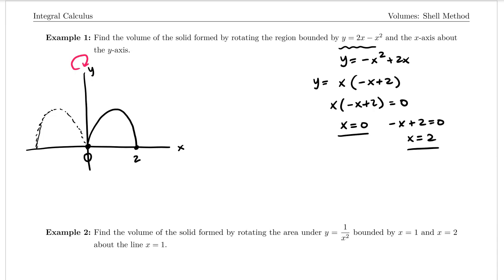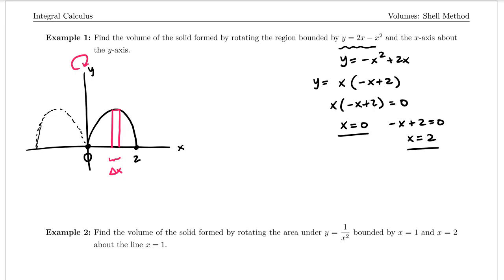Now I want to draw a rectangle that's going to represent my shell. That rectangle is being revolved around the y-axis, and I know that the thickness of this is delta x. I need some other values for my shell.